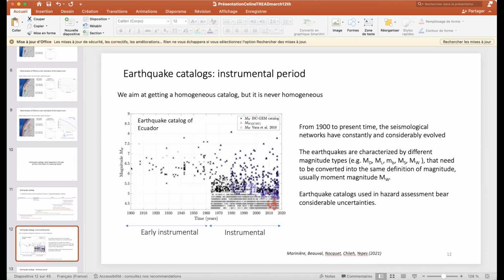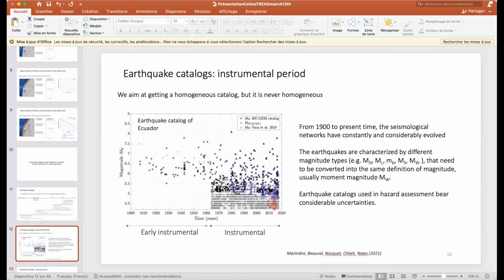In the instrumental part, which is here illustrated in Ecuador, the work usually consists in gathering earthquake solutions from different catalogs, global ones, local ones, and for each earthquake, a solution must be selected among the solutions available. The earthquakes are always characterized by different magnitude types, and conversion equations are always needed to convert these magnitudes into a unique definition of magnitude, which usually is the moment magnitude.